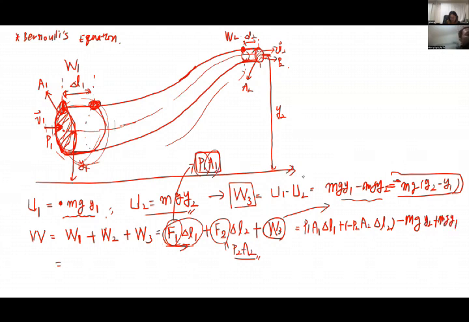So that amount of work should be the same as the variation of kinetic energy.